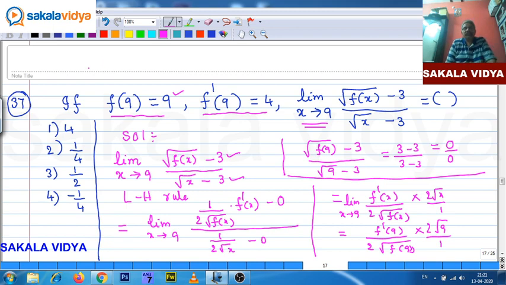So now we get this is equal to f dash 9 is equal to 4. 4 by f of 9 is equal to 9. Root 9 is 3 into 6, 4 by 6 into here we have 2 into 3, 6, 6, 6 cancel, 4. First option is the right option.